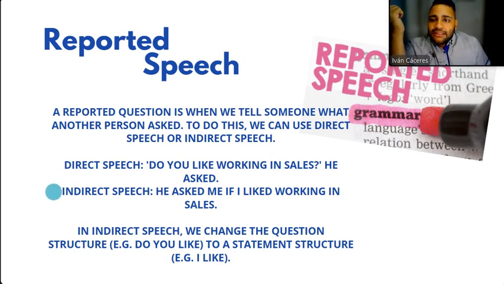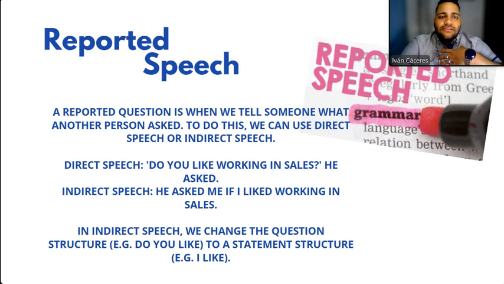Then in indirect speech, we have "He asked me if I liked working in sales." We can have "me" or we can eliminate "me" depending on if the question was related to you directly or if it was, for example, to a group, or to somebody that is not mentioned. So "he asked me", in this case, the question was directed towards me.